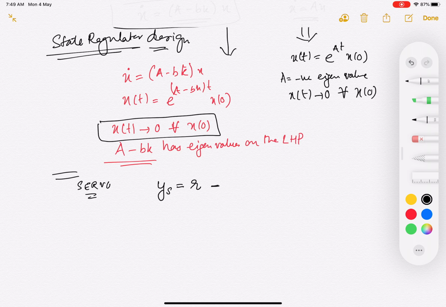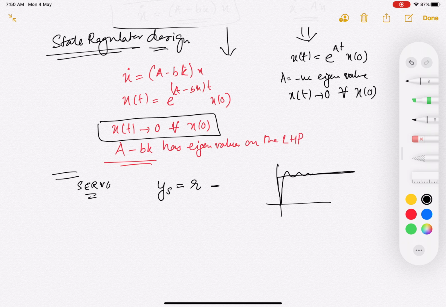You can understand this as, say for example, you give a step input to the system, and you require that once you give the step input to the system, after some initial oscillations, the output of the system finally becomes equal to the input, because the input is actually the desired output from the system.